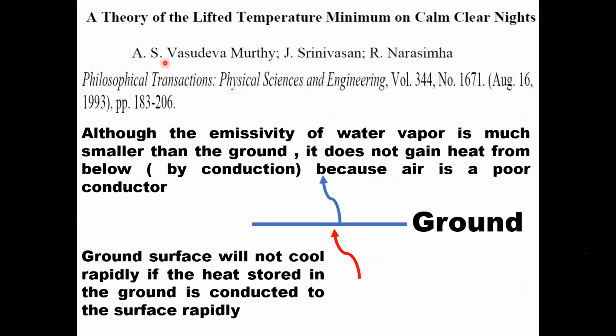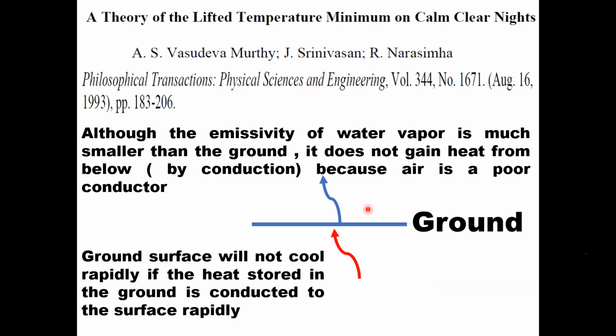And finally, I want to answer a simple question about the Lifton minimum. After all, the paradox was, why is air temperature lower than the ground temperature when air is a poor emitter? Because air can emit radiation only through minor molecules like water vapor, carbon dioxide, ozone, and methane, and not through nitrogen and oxygen.